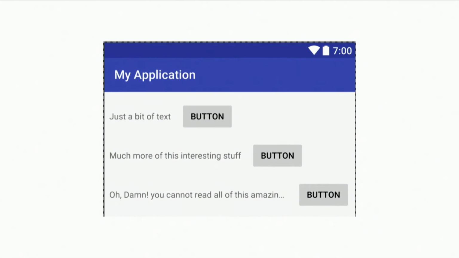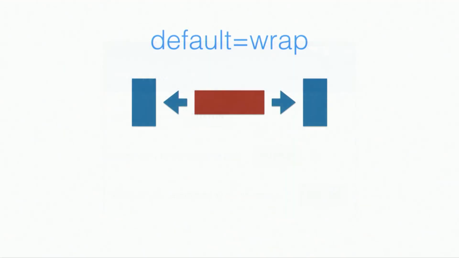If you specify match constraint and wrap, it won't, we will actually apply the constraint. So another way to think about that is if you want to do something like that, right? If you have some text that can grow, but up to a certain size, and after that maybe ellipsized. So if you want to do that, it can get tricky. But with marking it as match constraint, you can do that.